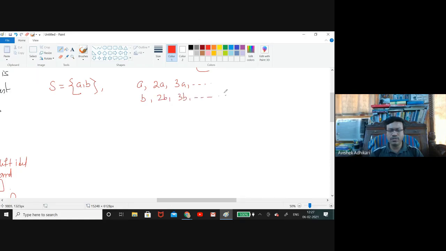Also, if you take any element R from the ring, then RA should also be here, and take any element S from here, SB should also be here, and RA plus SB will also be here. All these properties you need to take care of.